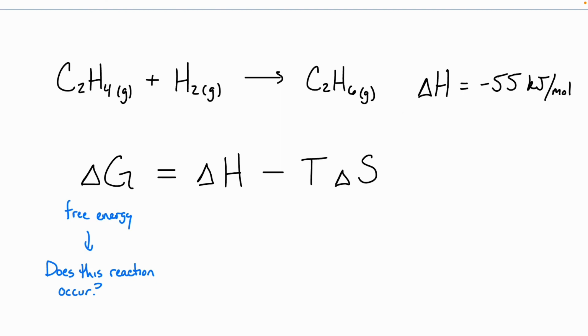We talked about delta H is enthalpy, but delta S is by far the weirdest quantity of energy that you will ever encounter in your entire life, what's called entropy.